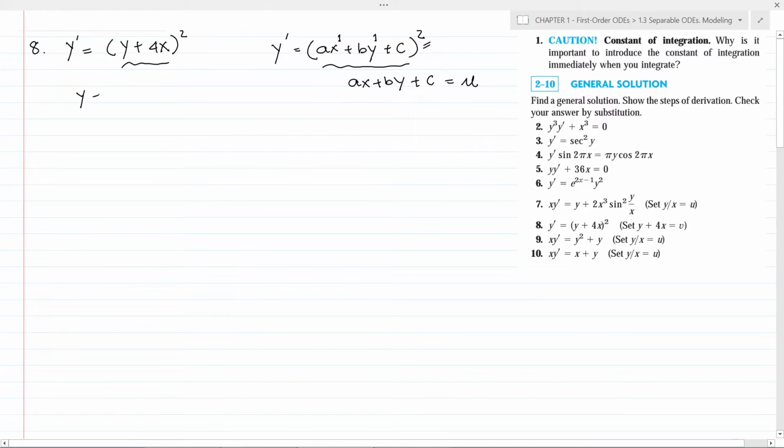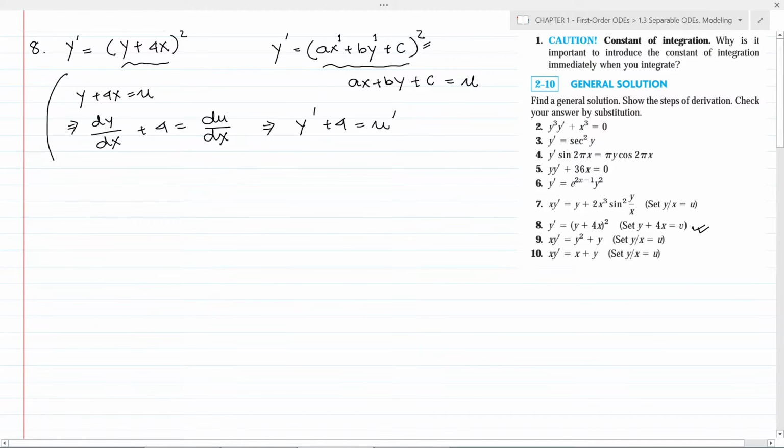So in this problem we will substitute the inside expression to u. We substitute y plus 4x is equal to u. You can see that in the question the same substitution has been recommended. We differentiate both sides and we get dy by dx plus 4 is equal to du by dx, or we can write it as y prime plus 4 is equal to u prime.